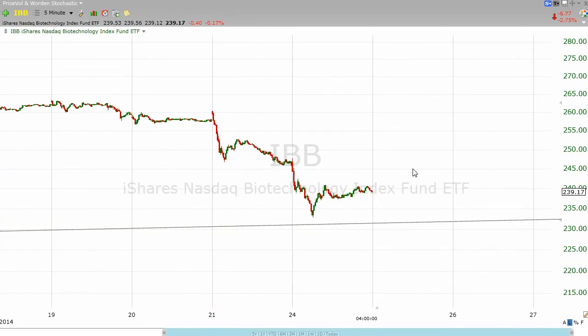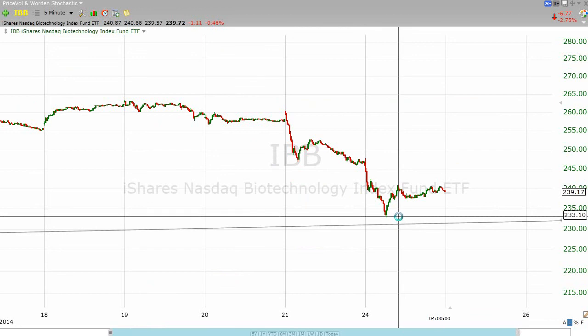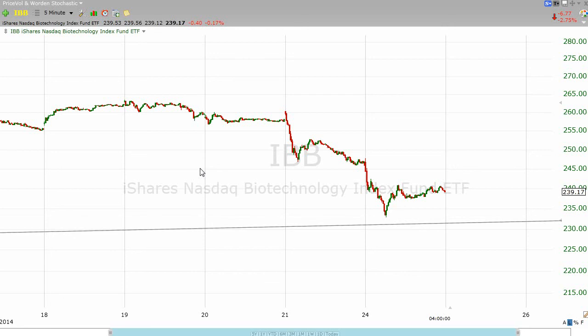If you look at just the past couple of days here with the NASDAQ Biotechnology Index Fund, you can see that it's gone from 260 down to an intraday low today of about 233. That's shedding 27 points. That's more than 10% in IBB. Actually, all of that took place in less than a day and a half.